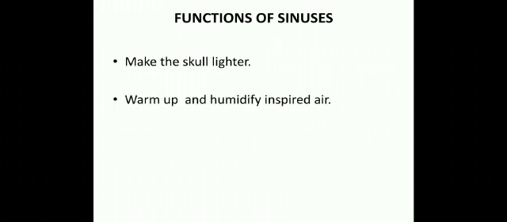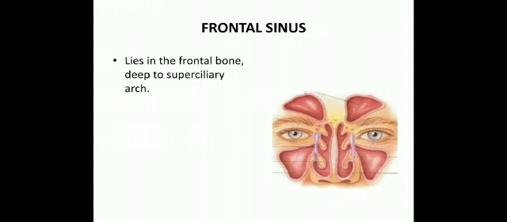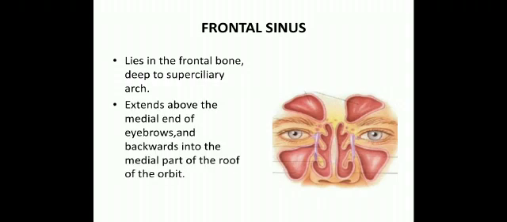The functions of the sinuses: it makes the skull lighter, warm up and humidify inspired air and add resonance to the voice. The frontal sinus: it lies in the frontal bone deep to the superciliary arch. It extends above the medial end of the eyebrows and backwards into the medial part of the roof of the orbit.